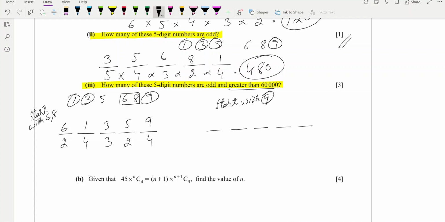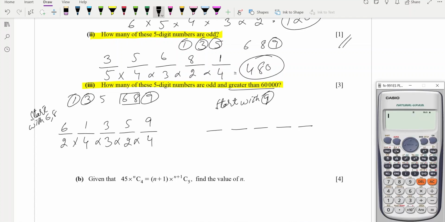And if we multiply, this will be 2 multiplied by 4 multiplied by 3 multiplied by 2 and multiplied by 4, which will be equal to 192.